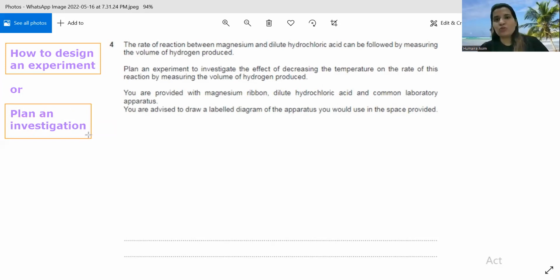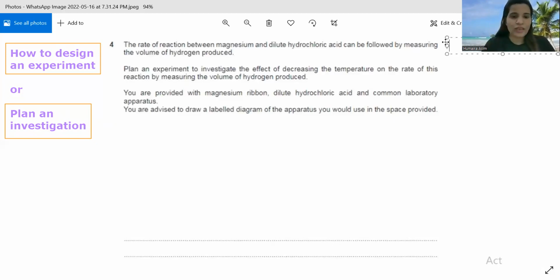Guys, before we go to plan this experiment, I wanna give you some general points that you will be considering for designing any kind of experiment or for planning any investigation. What are those points? I will be noting them down here on the right side. We will be talking about 3 variables.